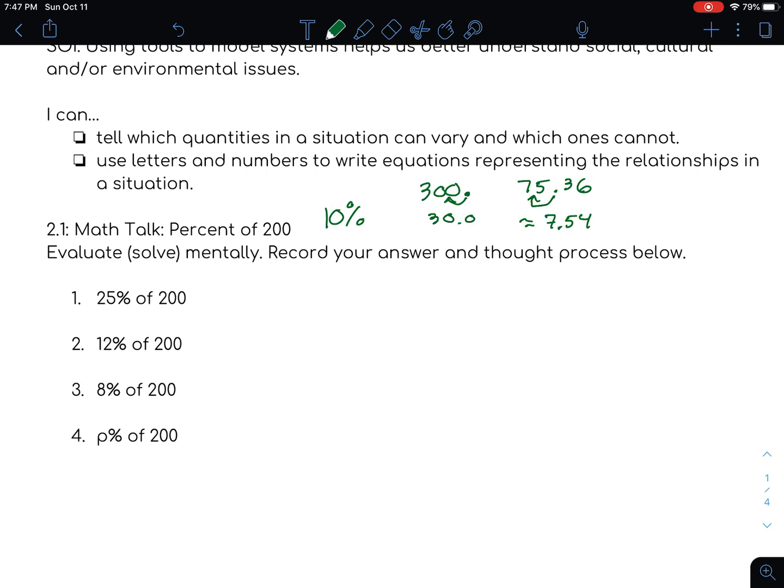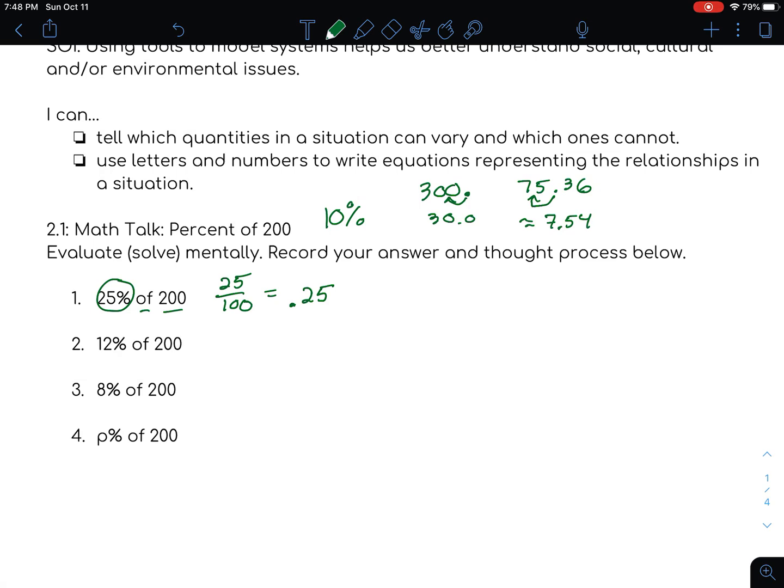So when we are figuring out a percent, we are really dividing by 100. So when you have 25% of something, you are thinking, okay, well, that's 25 out of 100, 25 100ths of 200. So 25 100ths is the same as the decimal 0.25, which is also read 25 hundredths.